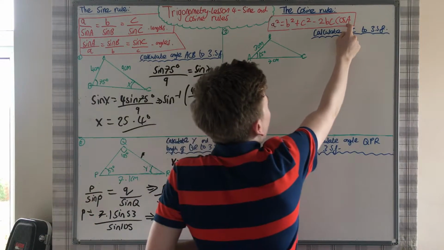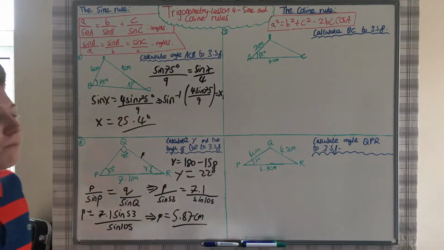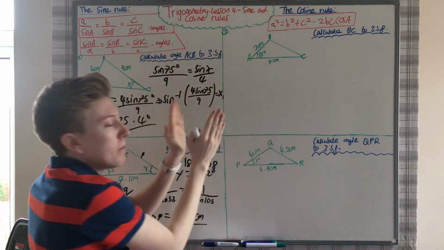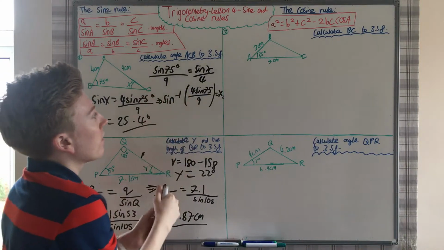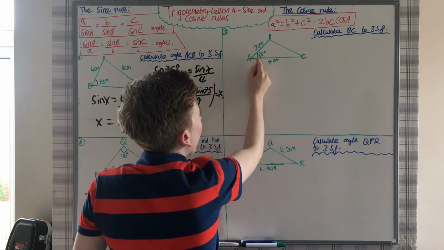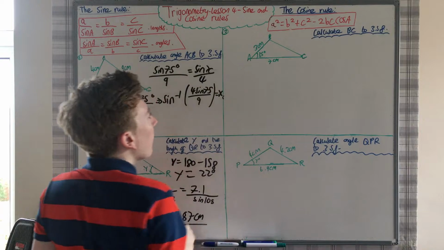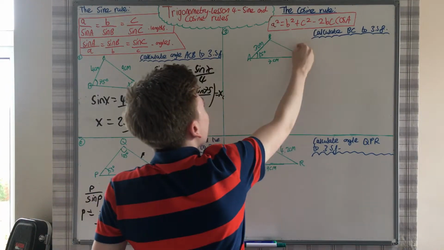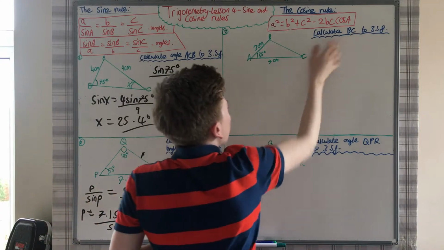Now the big A, the cos big A, the capital, will always represent the angle that is in between the two lengths next to it. So this will always be the cos A. The A will always be this angle here, and therefore the lowercase a is the side opposite, which in this case is the BC we're trying to find.